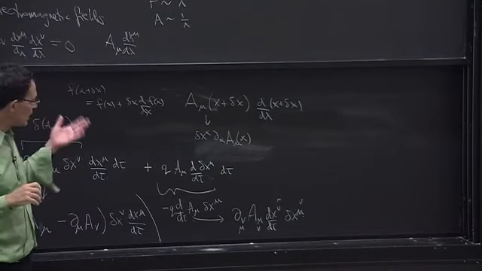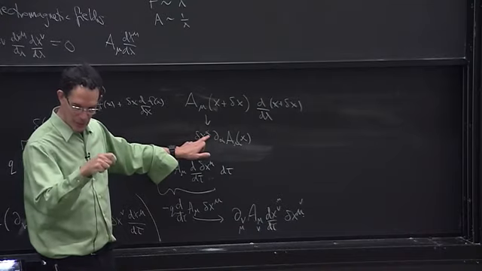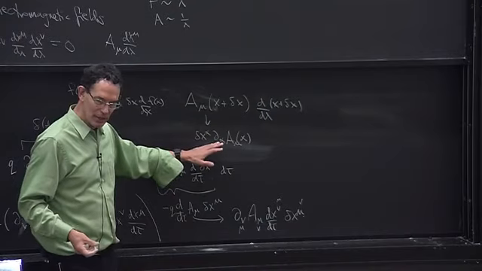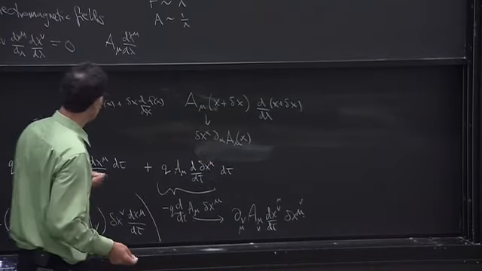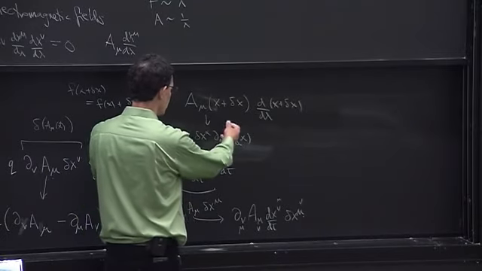That's all we're doing, just Taylor expansion. But the thing is I'm varying delta x0, delta x1, delta x2, delta x3. So I have to have all those terms in there. So this is just keeping the variation in.